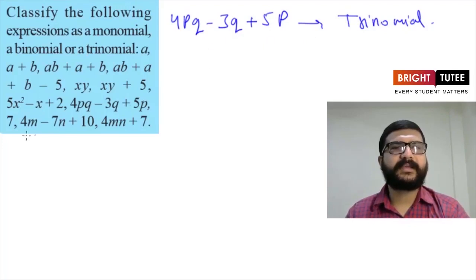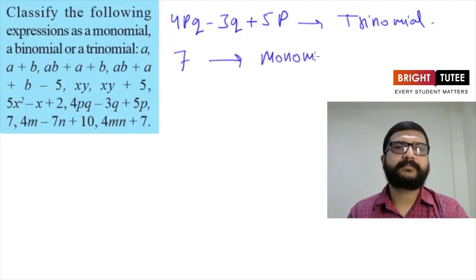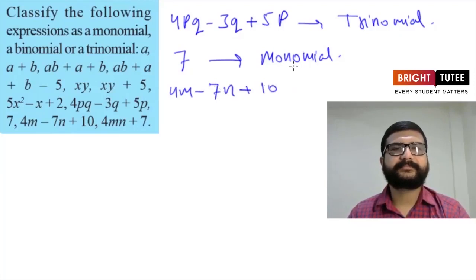Now after this one, we are having 7. As there is only one term, it is a monomial. And then 4m minus 7n plus 10. Again there are 3 terms: 4m, the second term is minus 7n, and the third one is 10.